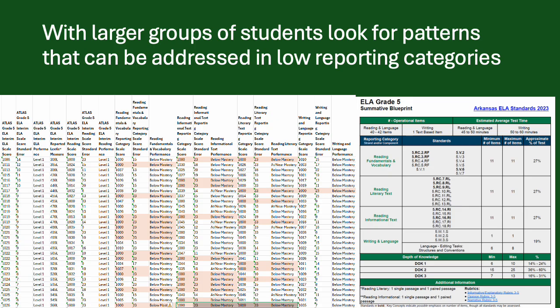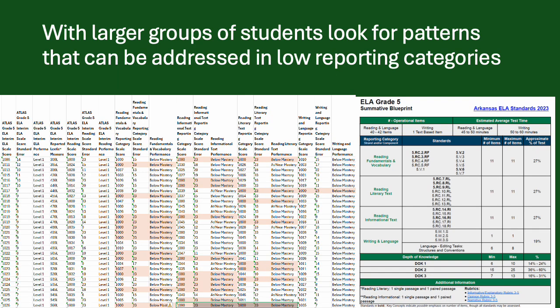I feel like really good instruction should take care of the test. But one thing I do know is that the standards that are bolded, every student's going to get questions about that. So if I'm not getting any correct, maybe that's where I start. I can't end there because they're going to get questions on the other standards. But if I have an area where they're not even getting a single item correct, I need to kind of explore that.